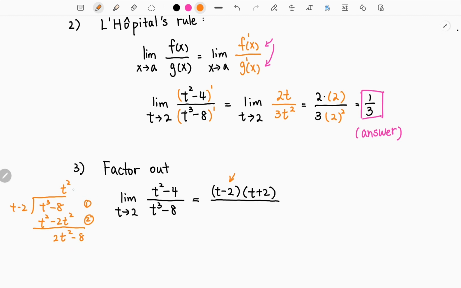Okay, here then I would say I will plus 2t because 2t times t is equal to 2t squared. You always want to match the highest power term you have. Then 2t squared minus 4t. Then again, equation 1 minus equation 2. What we get? We get 4t minus 8.